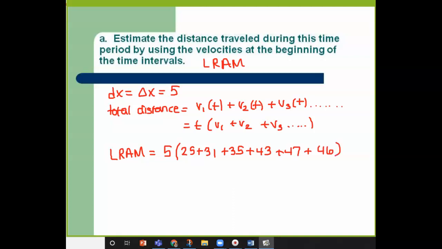I'm not including 41 because that's on the right side of the rectangle. So when you're thinking about your sums, that 46 is here, that 41 rather, would be there, and we don't need that for a left sum.